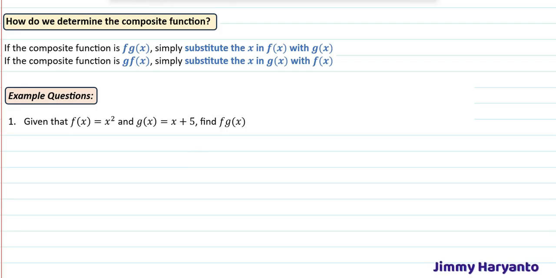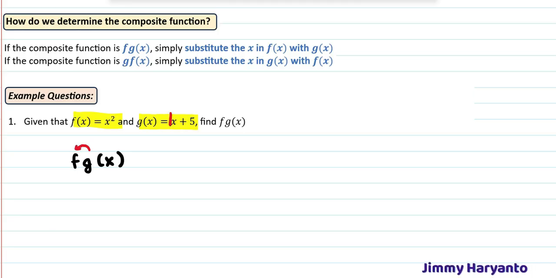So we have fx equals x squared, and then we have another one, gx equals x plus 5, and the question wants you to find fgx. Remember, fgx means the first function is g and the second function is f. The rule is you only have to input the first function into the second function.